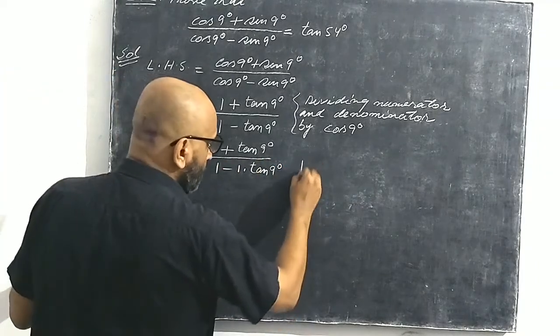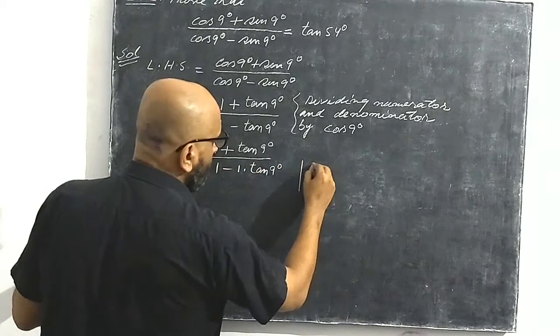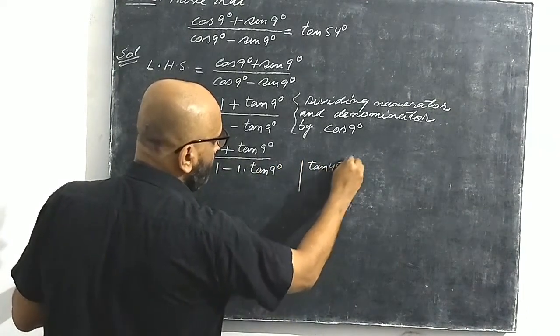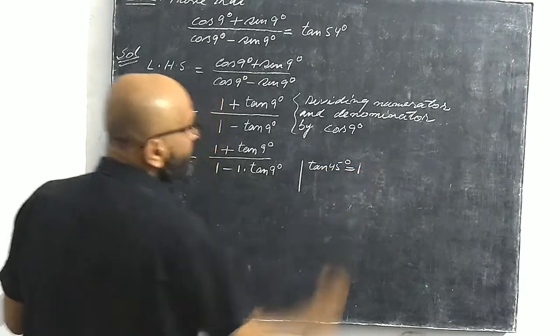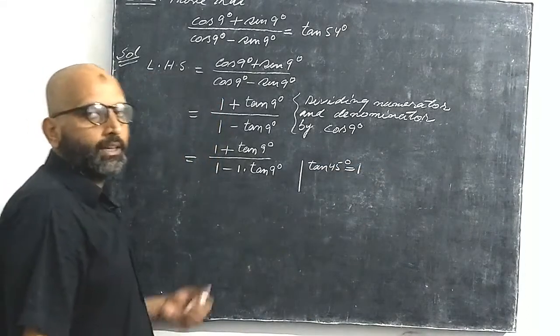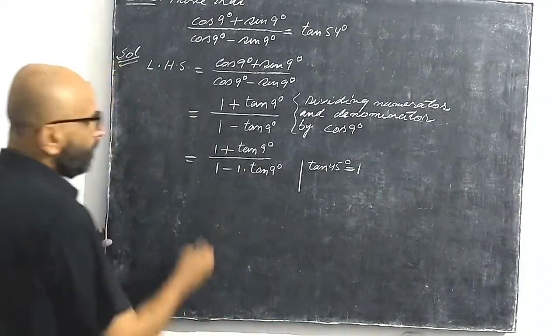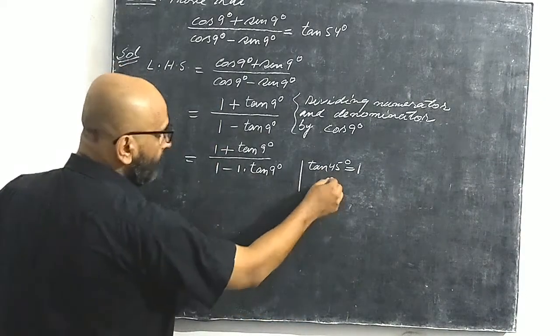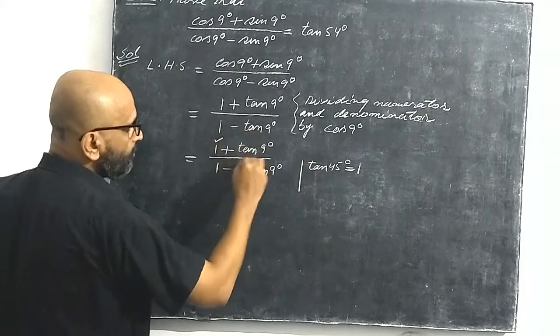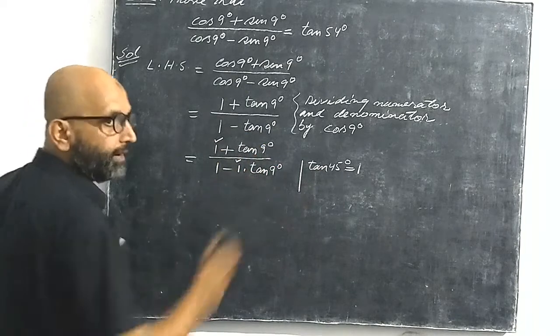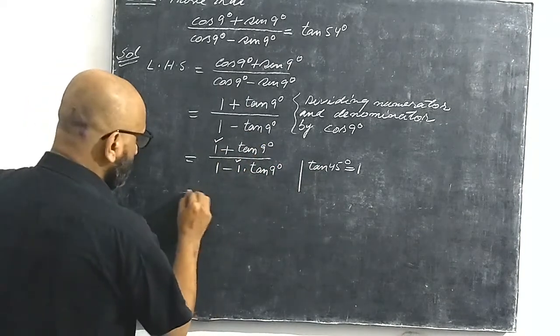Next thing is, as we know well, tan 45 degree is equal to 1. So we may replace 1 by tan 45 degree anywhere we want. So we replace 1 by tan 45 degree in these two places. This one and this one should be replaced by tan 45 degree. So what happens?